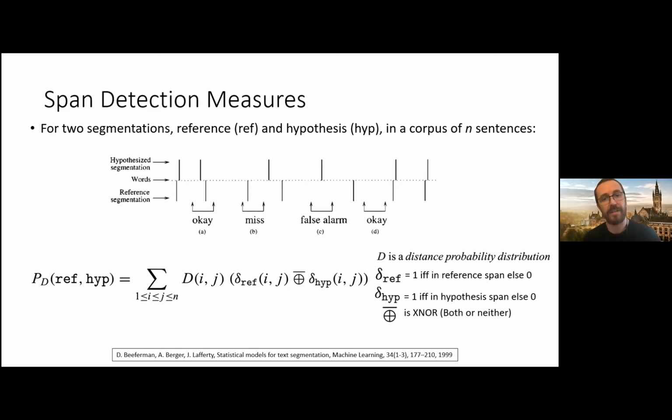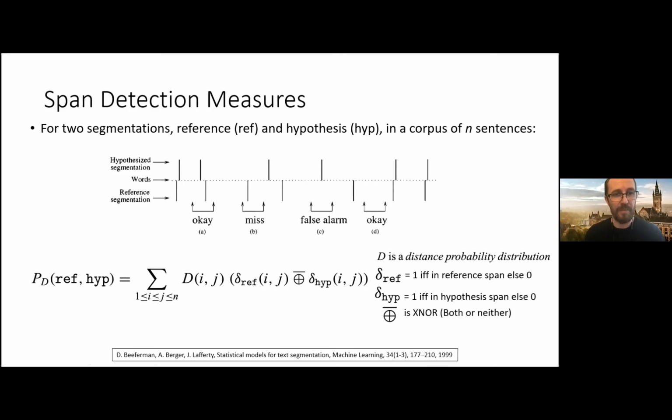But we have the XNOR function, which is both or neither. So in other words, you're saying how many of the spans that you've predicted are actually inside the reference segmentation. Okay, so it's a bit of a mouthful.